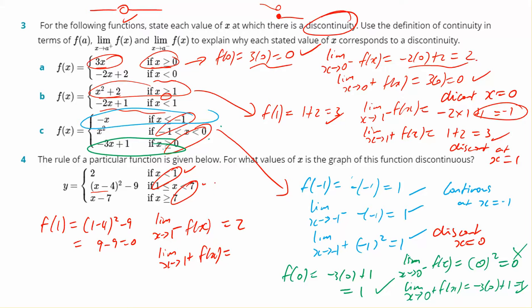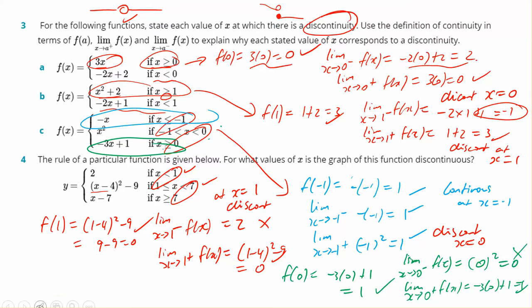It would be this one. If I sub in 1, I get 1 minus 4 squared minus 9, which equals 0. We just worked it out. So that's not the same. So at x equals 1, there's a discontinuity.